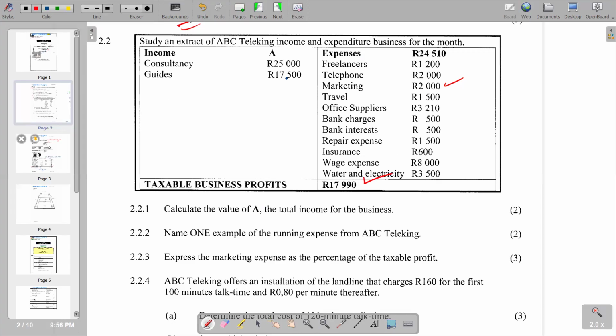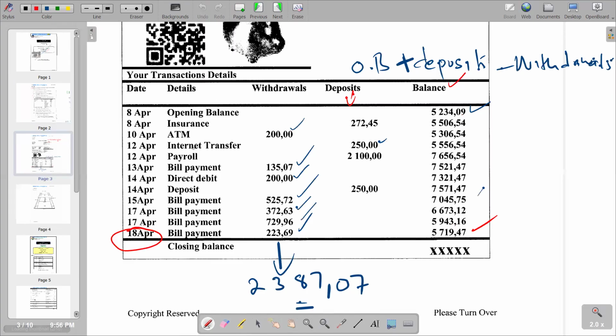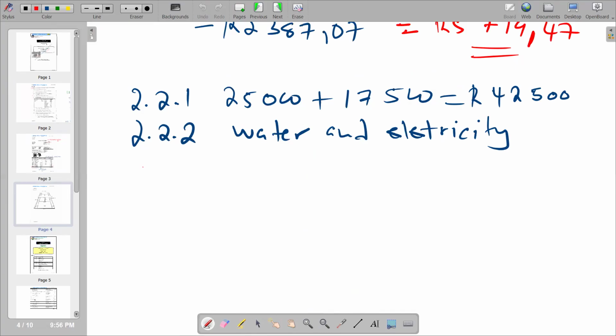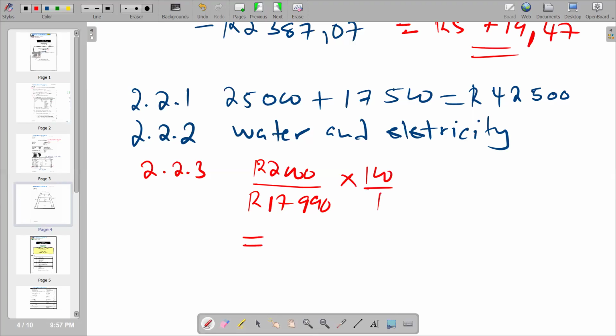So on 2.2.3, we're going to say 2,000 divided by 17,990. And it's going to be expressed as a percentage, so we multiply by 100 over 1. So calculate it and see that we're going to get, to two decimal places, 11.12%. So basically, that's what we have.